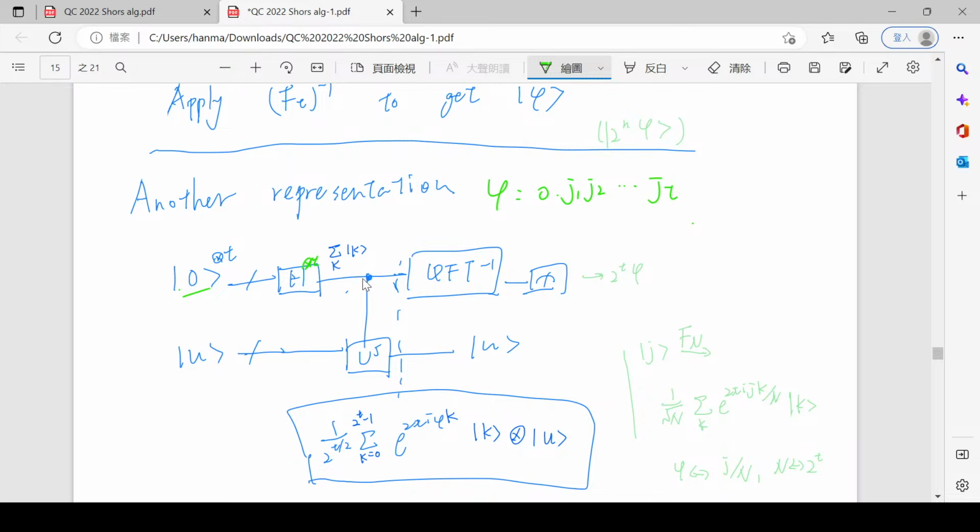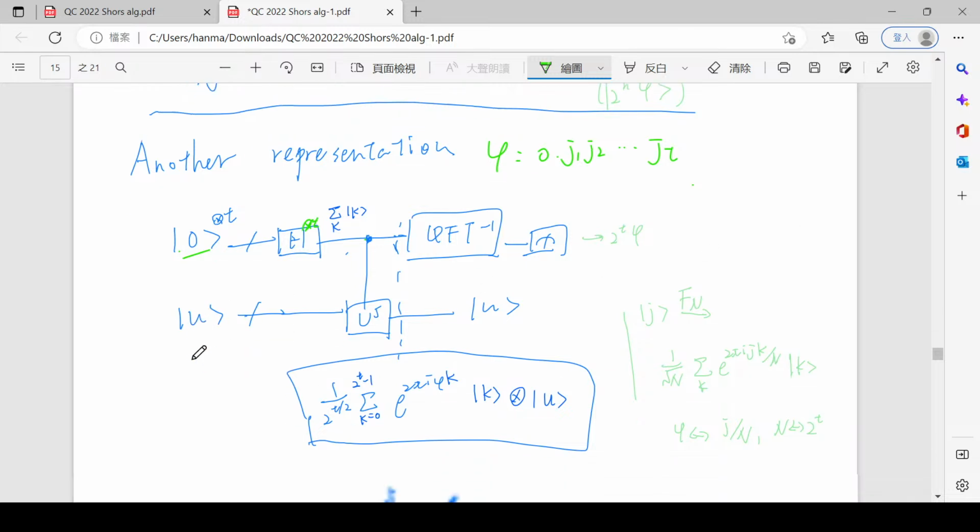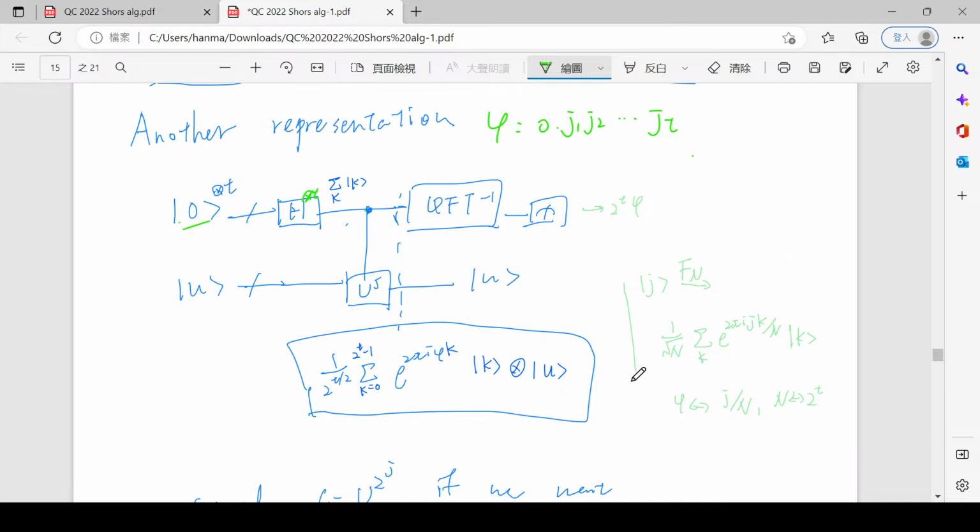And then you apply U to the j's power on your eigenvector small u. And the important thing is what happens here. The first register is the summation over k, and the second register is u. And what happens is you will get phase kickback on every one of those k.